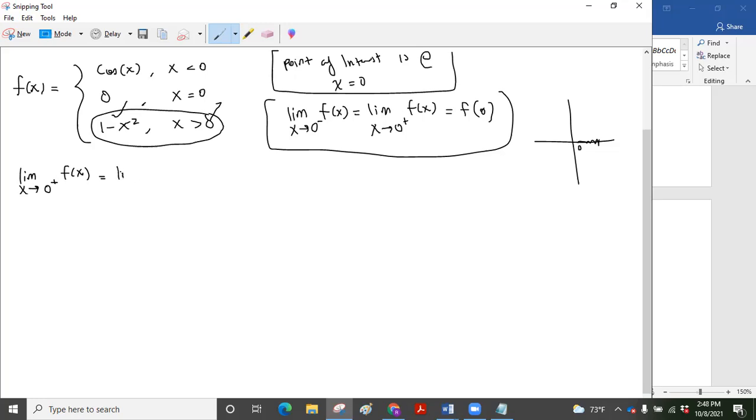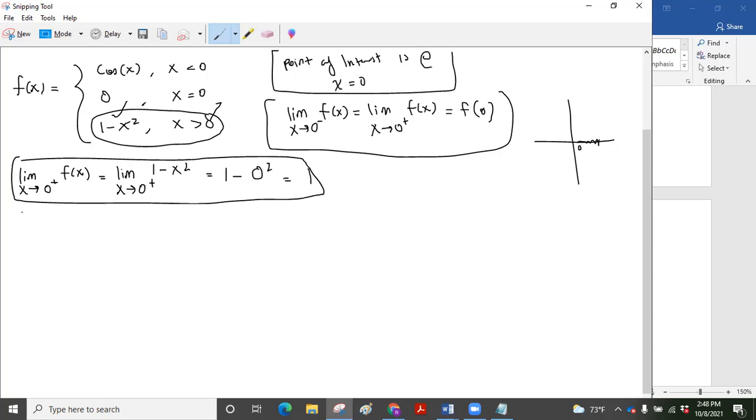So I'm going to say that the limit as x approaches 0 from the right is 1 minus x squared. Can I put 0 in without getting an indeterminate form? I sure can. So I'll substitute. I'll say 1 minus 0 squared is just 1. So that means my limit as x approaches 0 from the right is 1.